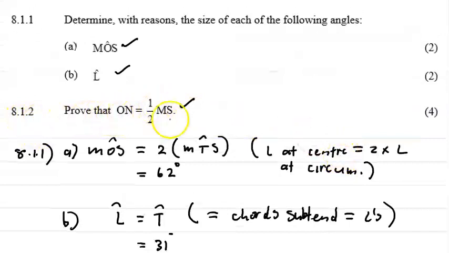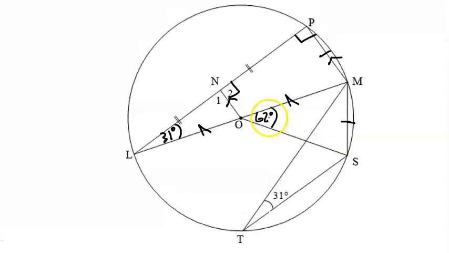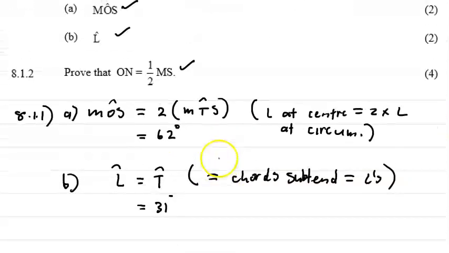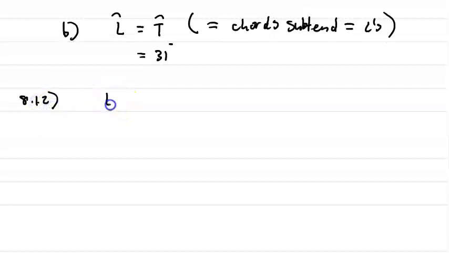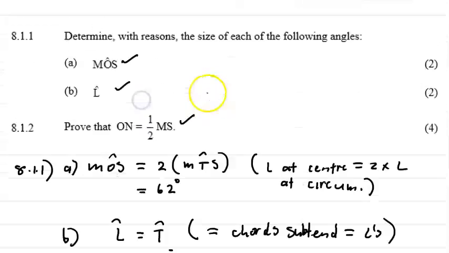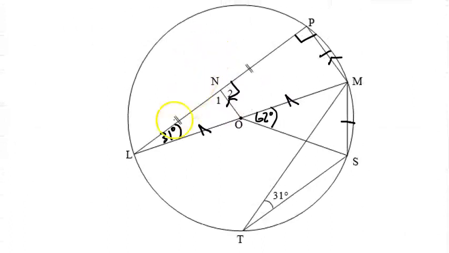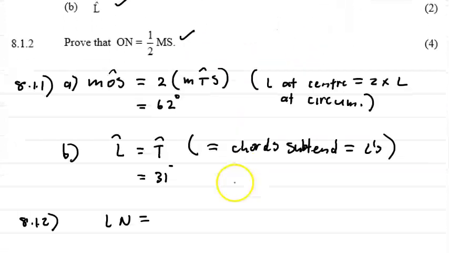That's done. Now let's look at 8.1.2. Prove that ON is equal to half MS. And this is now, remember, we said the midpoint theorem. So therefore, let's write our statements. The first statement we write is LN equals NP, given.